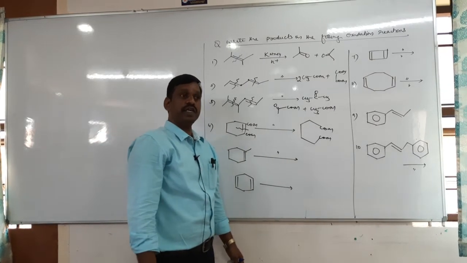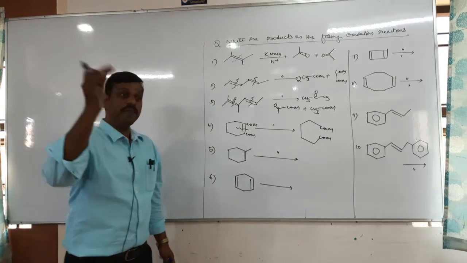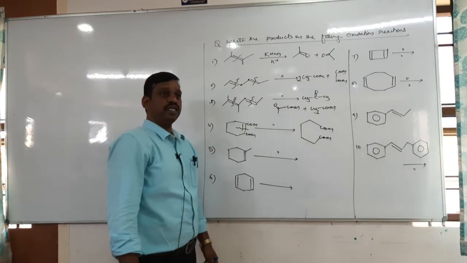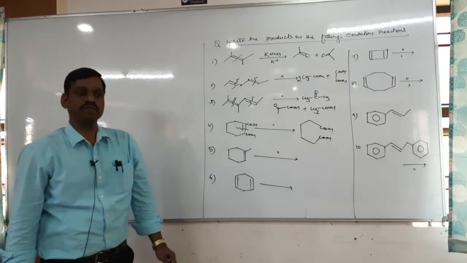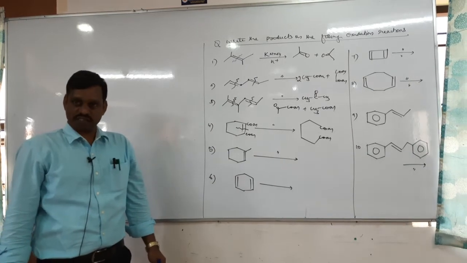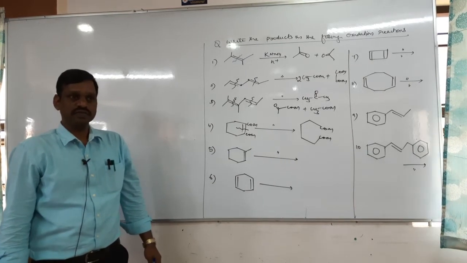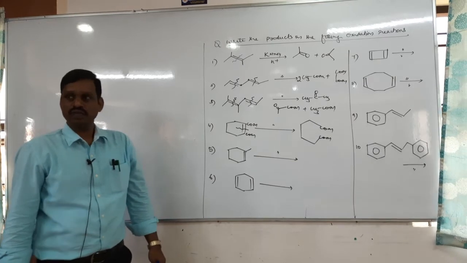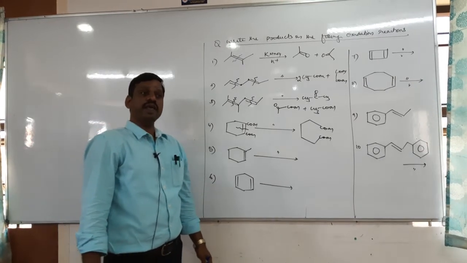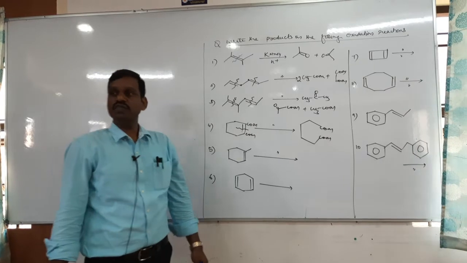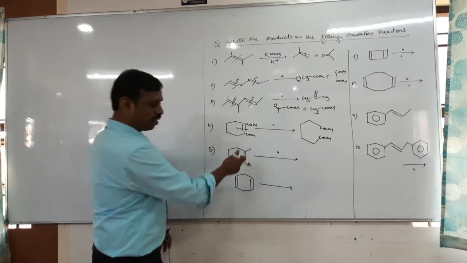In polymers we studied one important polymer, adipic acid. Very good. Adipic acid is a monomer of which polymer? Nylon 6,6. Yes or no? Hexamethylene diamine and adipic acid make nylon 6,6. Okay, now tell me here.